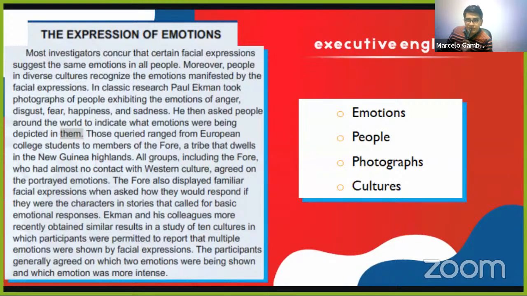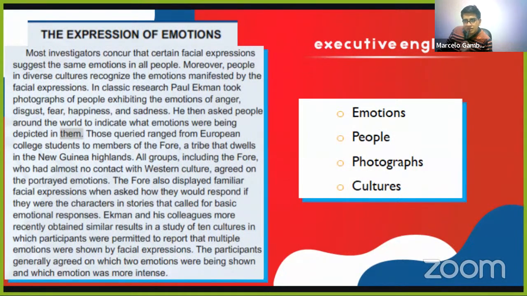I'm going to run a poll again so that I understand what's at stake here. Okay, I'm running a poll again. Please write your answers. Do you think it's B, C, A, D?